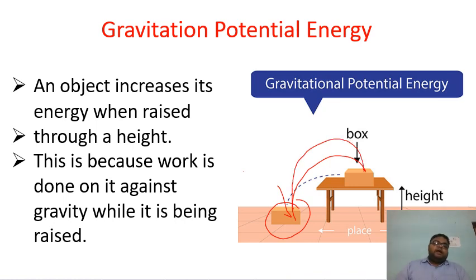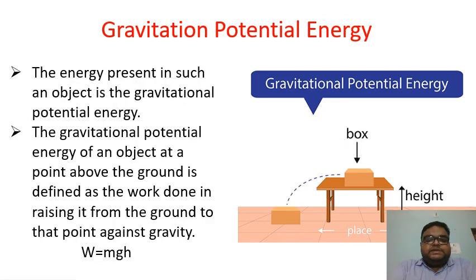Why is this being done? Because work is done on it against gravity while it is being raised. Gravity is pulling it down, so someone has to lift this and place it on the table. So the energy present in such an object is the gravitational potential energy.